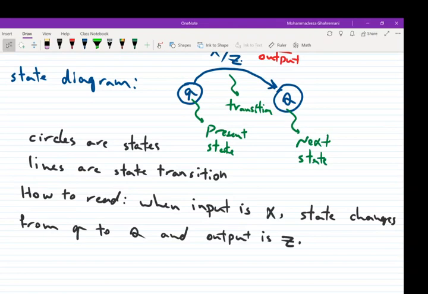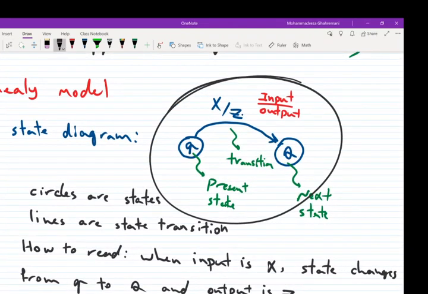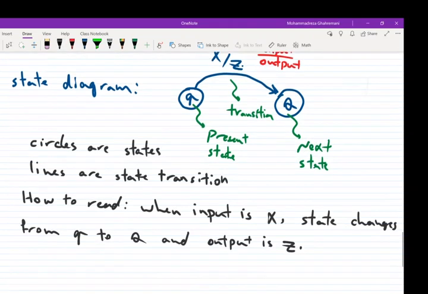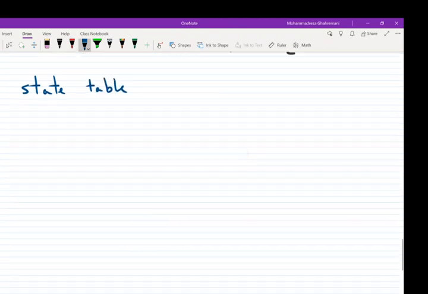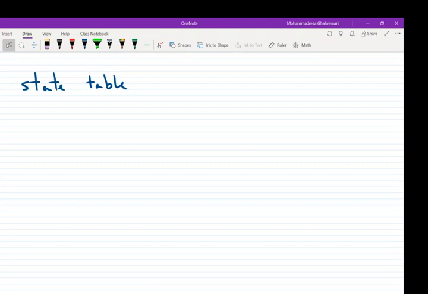We can show the same information by state table instead of state diagram. So let's see what is the state table. The same information can be shown in a table. So here is the table form of this state change.